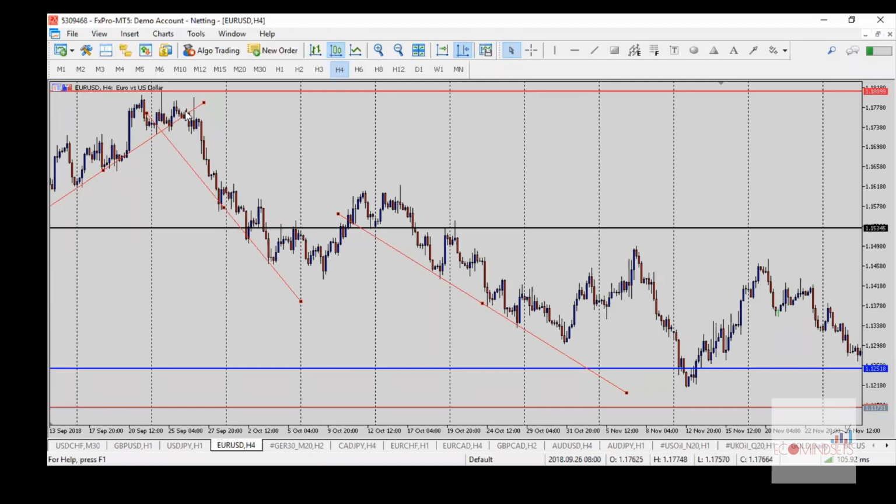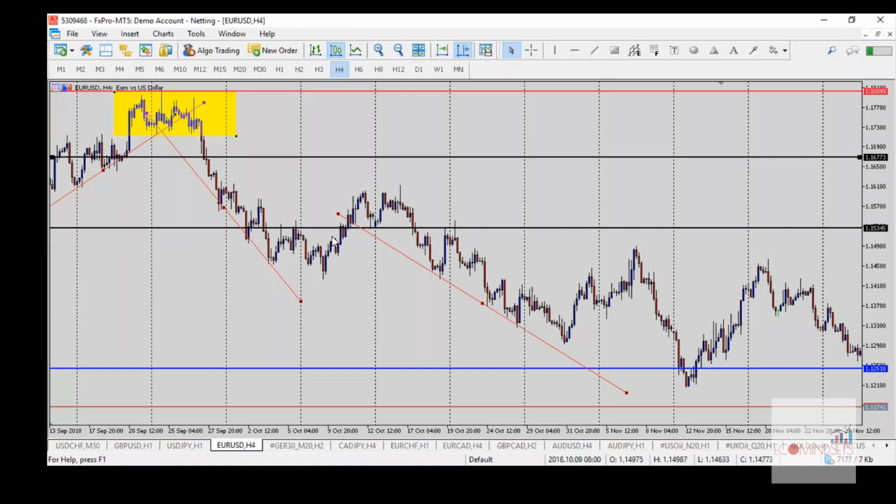Look over here, once the market got here, there was some amount of consolidation at the top. Once that happened, the market decided the direction to go, and we can see the market breaking this support level to the downside, and then it began what we call a downtrend.